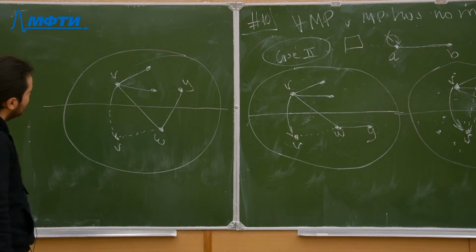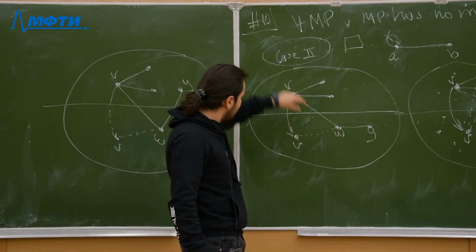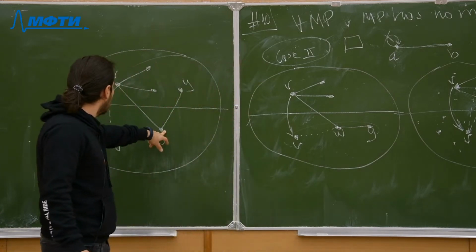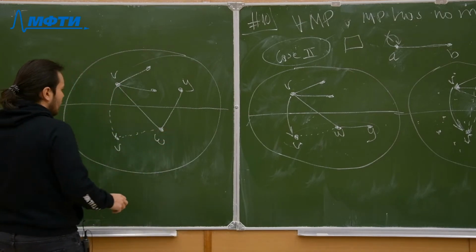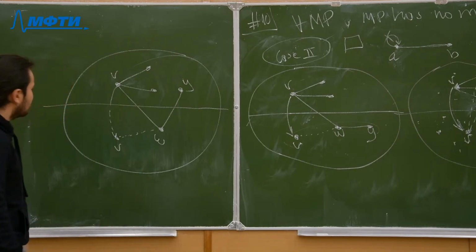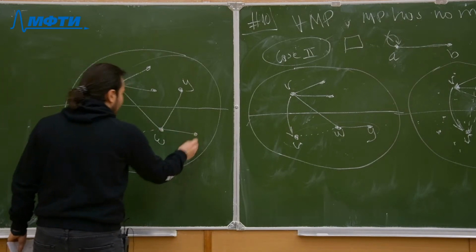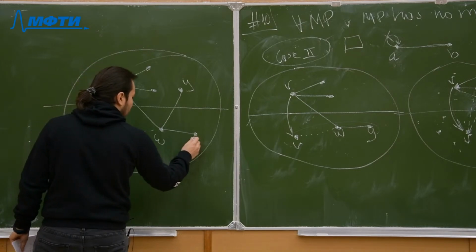Yes, but so what if W was good? It has only one enemy here. Well, actually, it's the same case, because we can also have some enemy here, and then it will be bad.